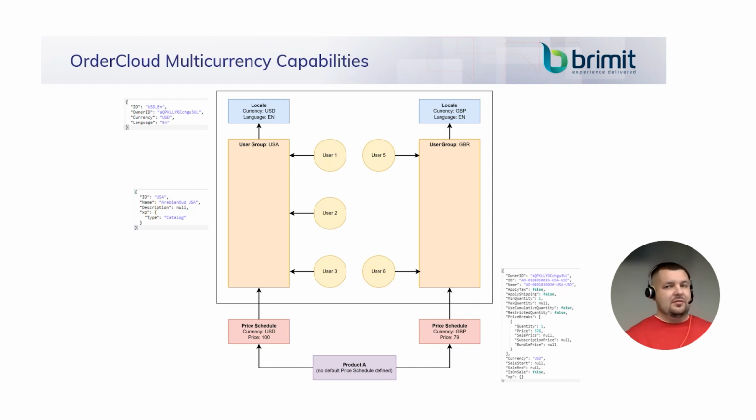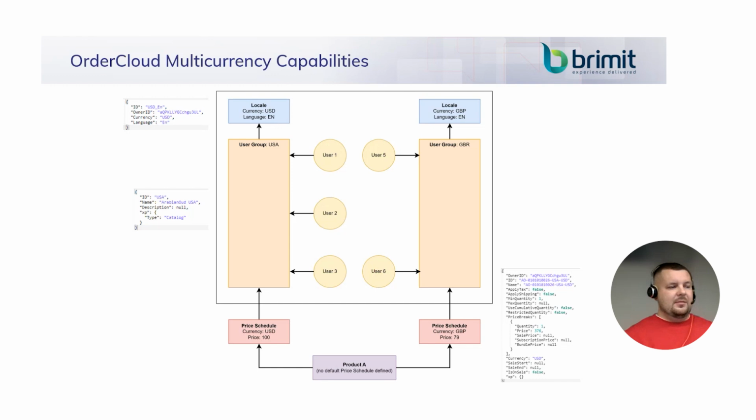For example, for anonymous checkout, there is a possibility in the API client to provide a default user context. This user has to be assigned to user groups. It means that all users who navigate to the website will have the currency related to the user group to which the default context user is assigned.